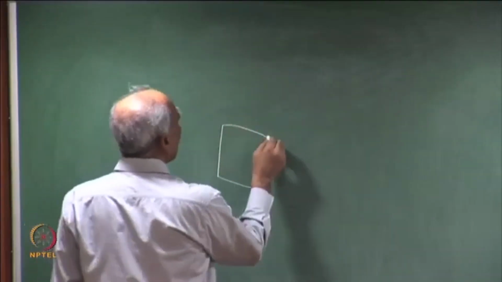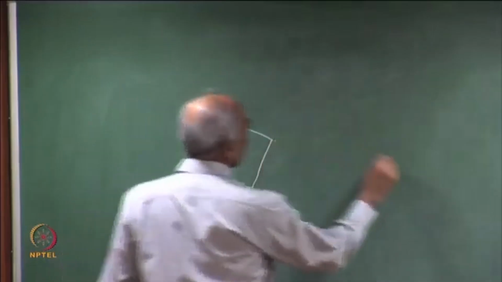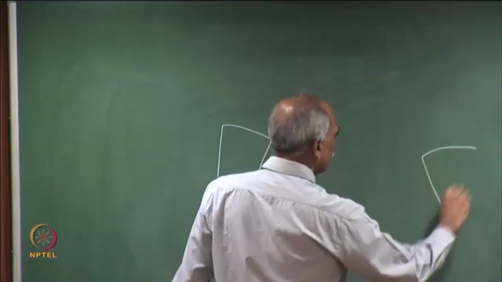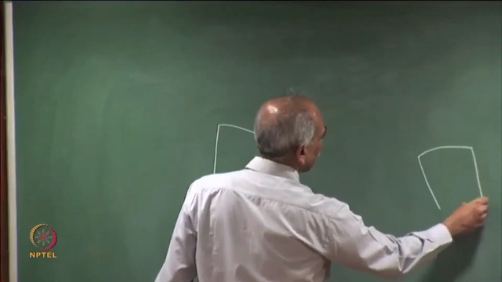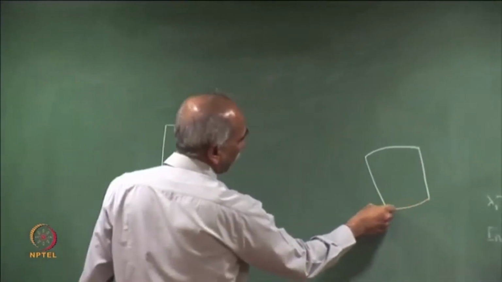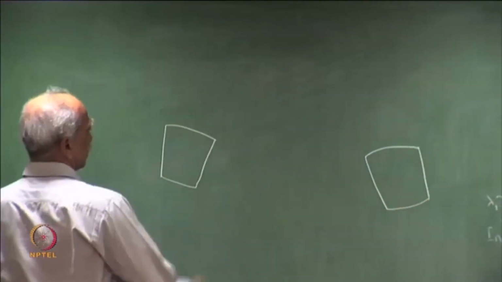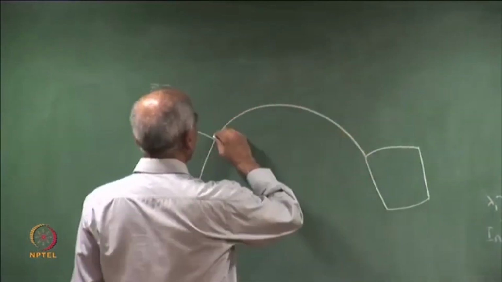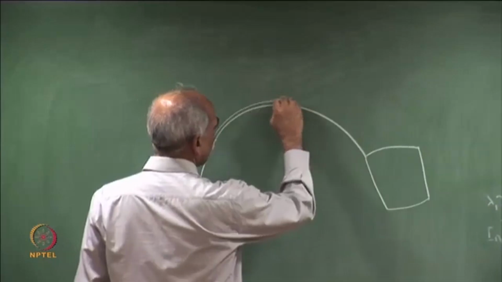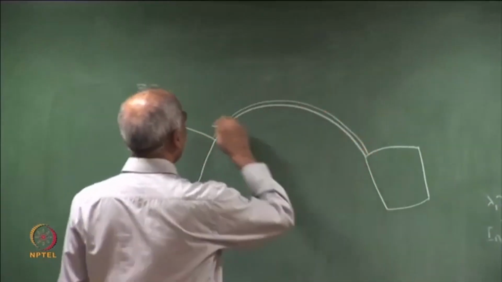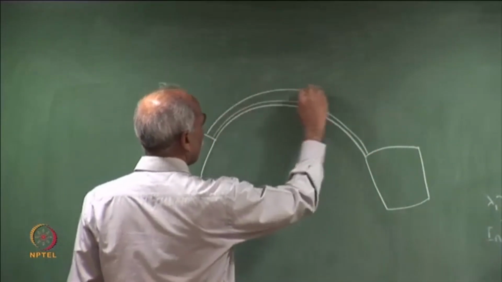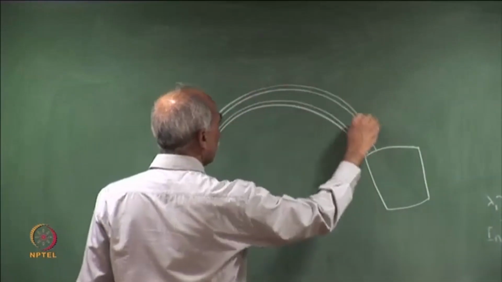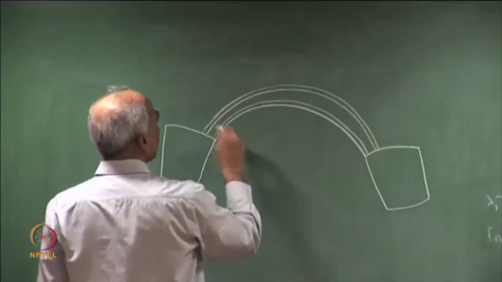There is an array of waveguides. I am showing only a few of them. In practice, the number of waveguides is much larger. So, these are the waveguides.